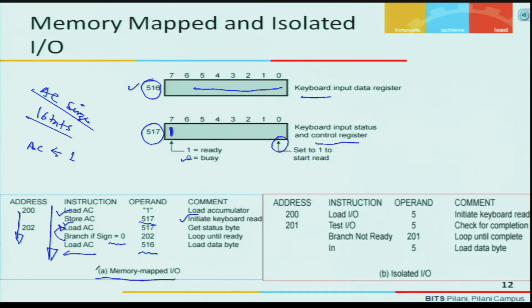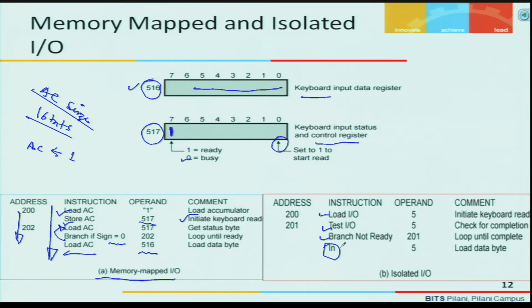But in the case of isolated IO, there are separate instructions: load IO, test IO, branch not ready, in, out. These are a separate set of instructions, and usually they have the limitation of there being fewer instructions, because you have to devise the different instructions if you are using isolated IO. For memory mapped IO, the same instructions can be used, so you don't have to devise separate instructions.